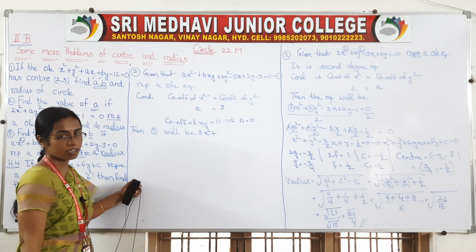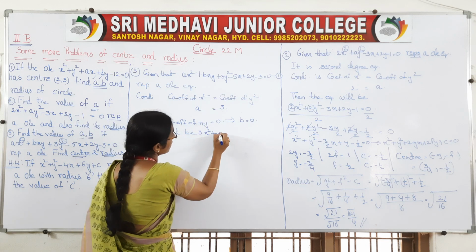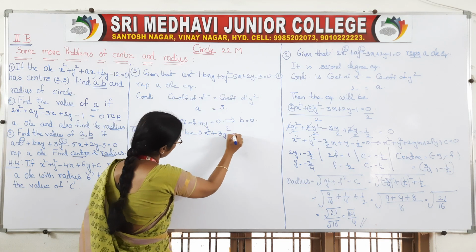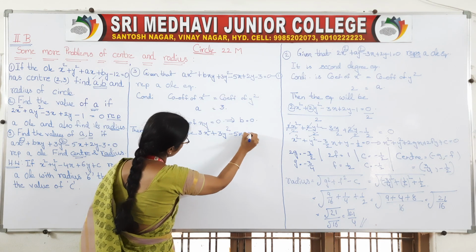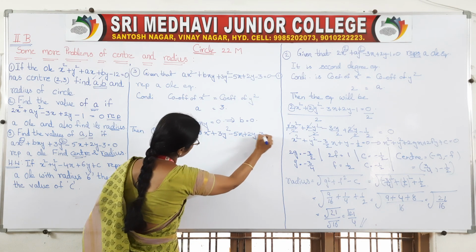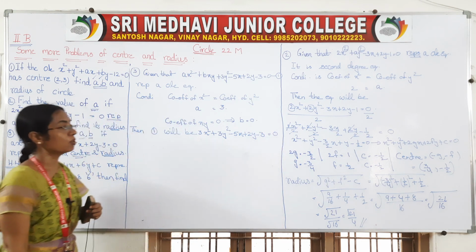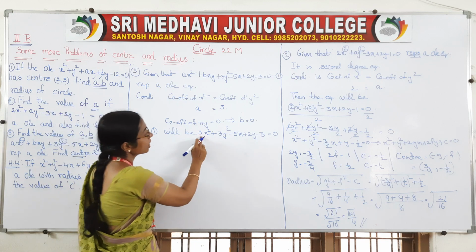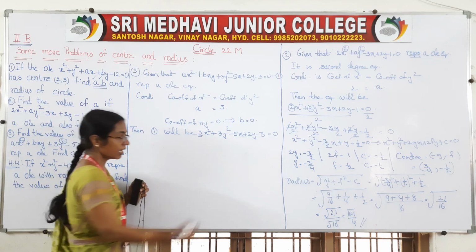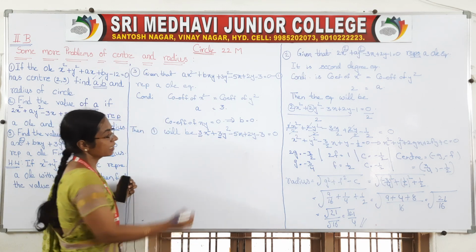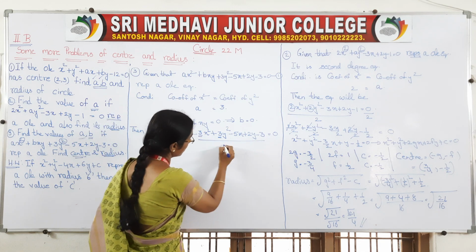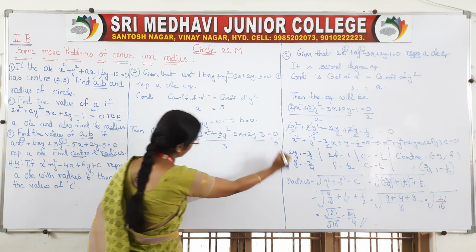B is 0, and 0 into anything is 0, plus 3y square minus 5x plus 2y minus 3 is equal to 0. Observe, the x square coefficient is 3, the y square coefficient is 3, but it should always be 1. So dividing both sides by 3.